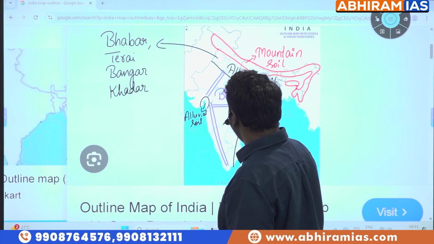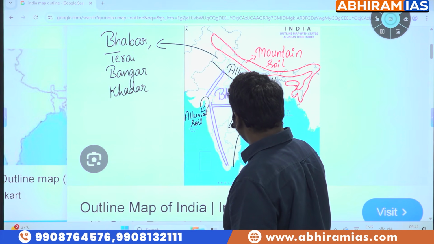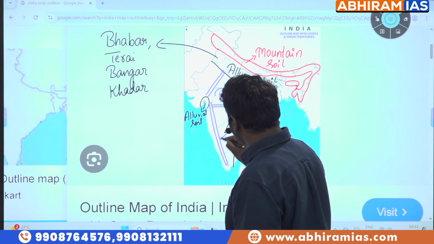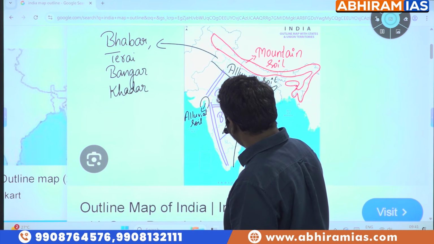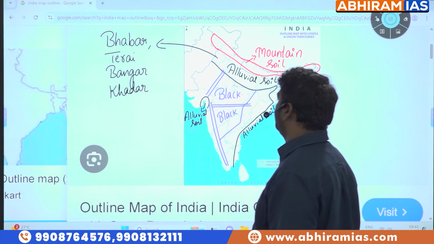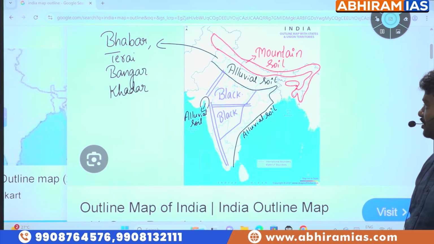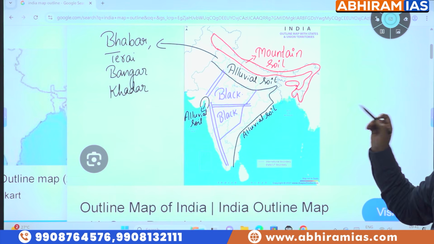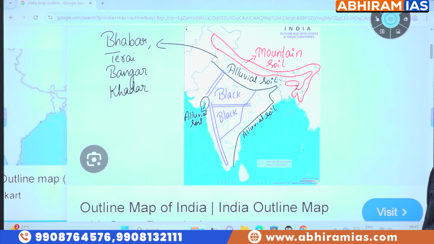Which soil will be there? Black soil. Maharashtra, North Karnataka, Telangana. Which soil will be there? Black soil. See, first I would tell you to write the place names. At last you can take a picture of that. Okay, the map is fine. I want you to remember the states, right?